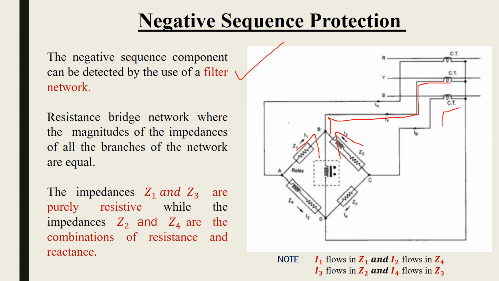Means the relay current will be the sum of IY, I3 and I1. If this relay current is equal to 0, it denotes that the relay operating coil will be getting zero current, which is a case of normal operation.